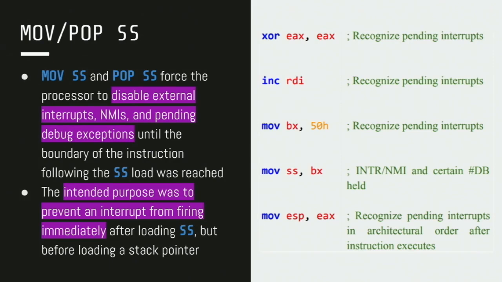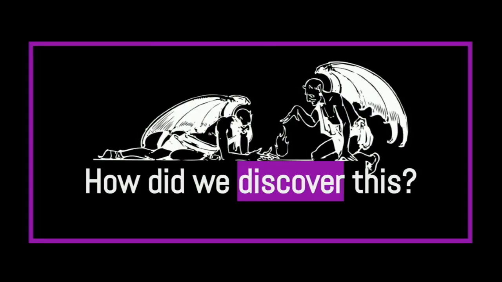And after MoveSS or PopSS completes its execution, all interrupts are held pending until the instruction after it is finished. It doesn't matter what instruction is after it. It could be a branch, it could be any of the ones that you see above it. Complete its execution, no interrupts are going to be recognized after it. And that's the heart of how this vulnerability works.